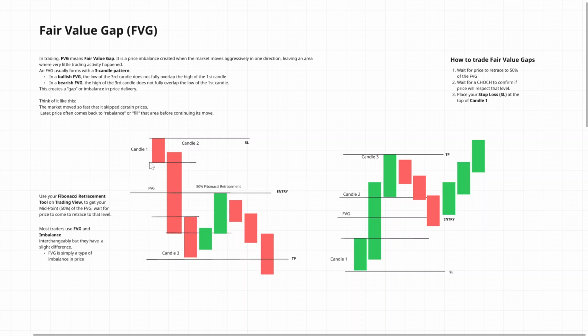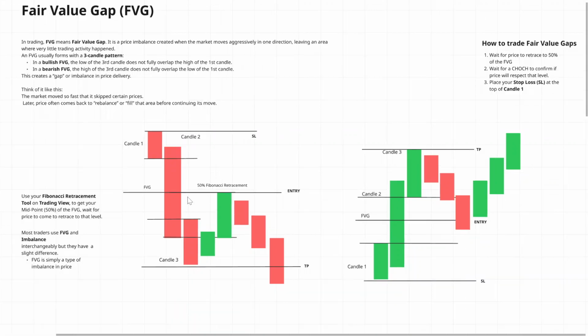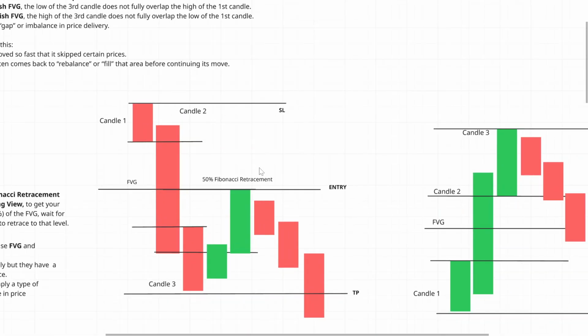Now, the gap between candle 1 and candle 3 is what we call our fair value gap. The close of candle 1 and the opening of candle 3, the gap between them, gives us the fair value gap.